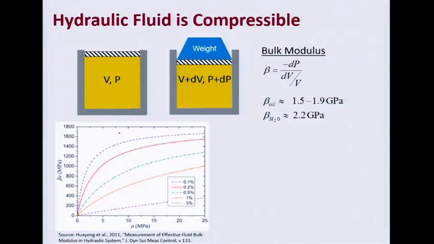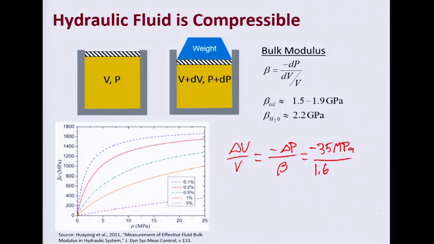To give you a feeling of how spongy hydraulic fluid is, let me throw out some numbers. If I rewrite this as delta V over V equal to minus delta P over the bulk modulus, and take a common number, maybe for a 5,000 psi system, which would be 35 megapascals, I've got minus 35 MPa, that's 10 to the 6th, divided by, let's say, 1.6 gigapascals, 10 to the 9th.